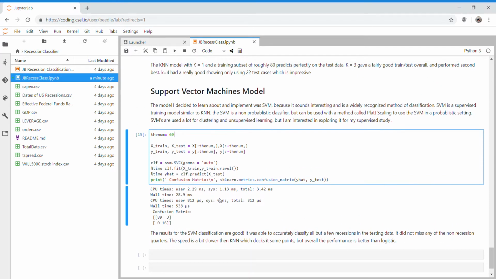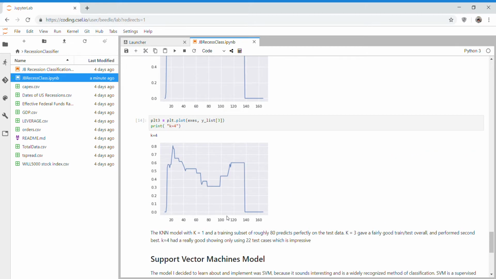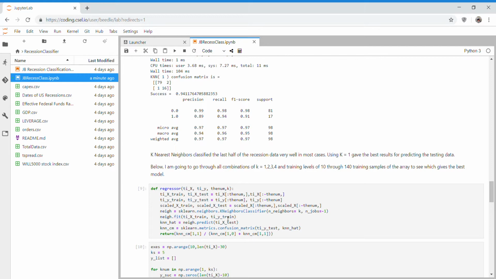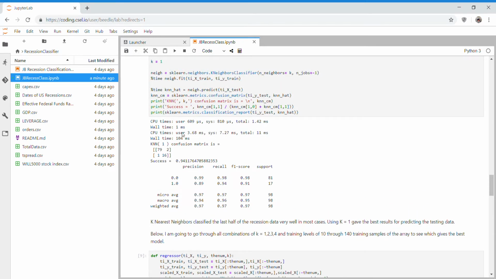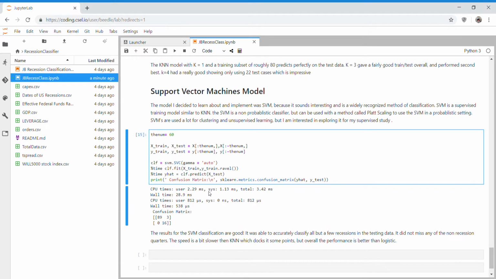But one thing that I noticed was that the support vector machines model uses a little bit more time than K nearest neighbors. So see up here, K nearest neighbors is 3.68 seconds there. Support vector machines, 28.9. No, sorry. Here's 2.29. So in this case, that was a good one.